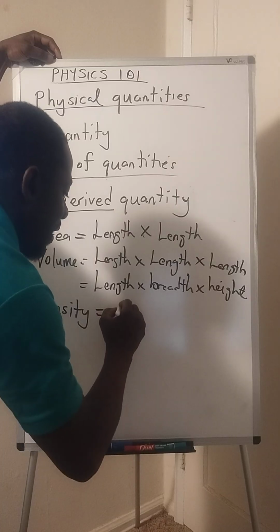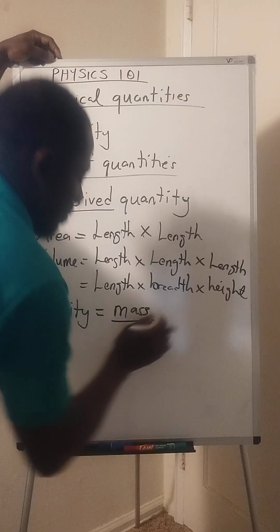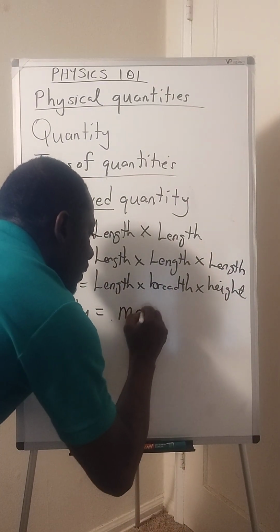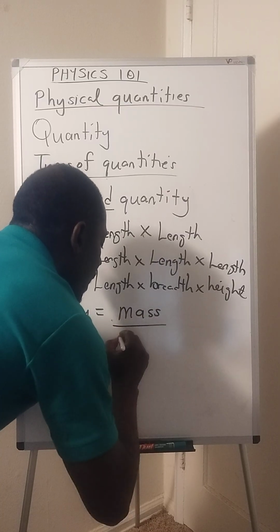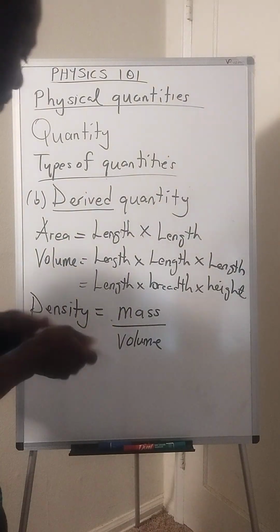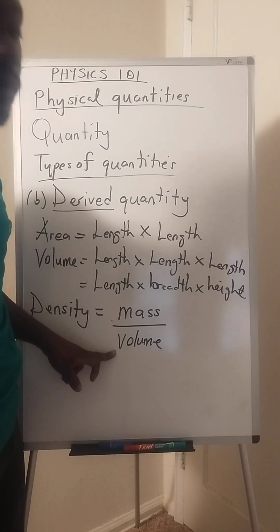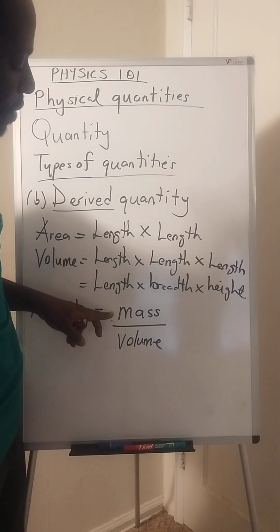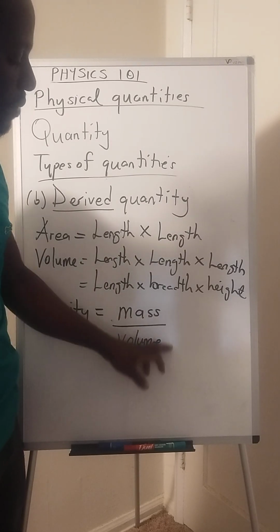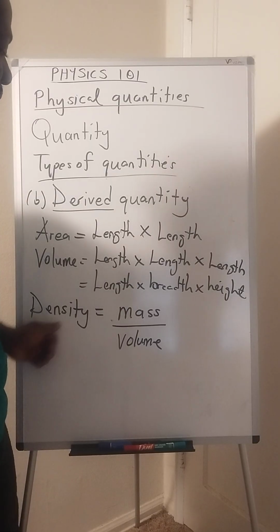The next one is density. Density, which is expressed mathematically as the mass per unit volume. Okay? Mass divided by the volume. Now, when you look at it, we have a base or fundamental quantity. This is a derived quantity. So when we divide a base quantity by a derived quantity, we still get a derived quantity, right?